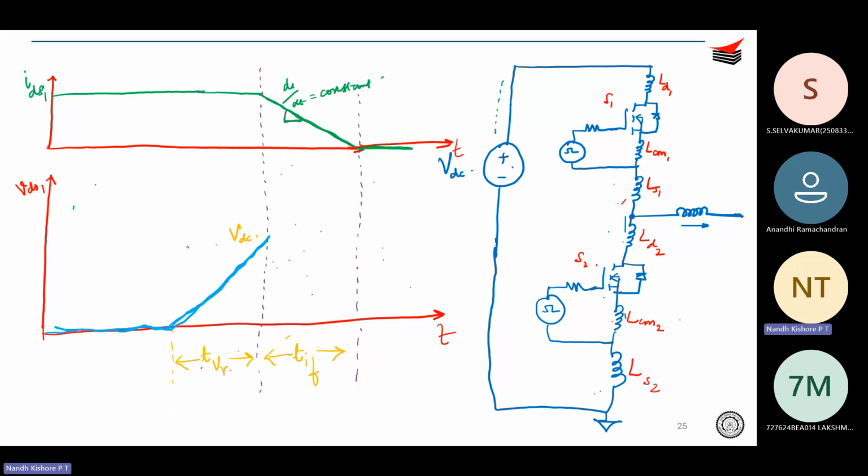We saw that the current path is, okay, I will directly draw it. So it was going like this through the device, and then it goes like this. It will go to the load and all, right? So take buck converter itself. There will be load, capacitor, load and all. Okay, and then it will return back.